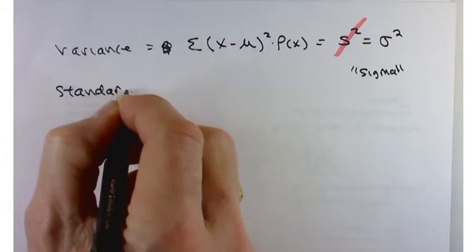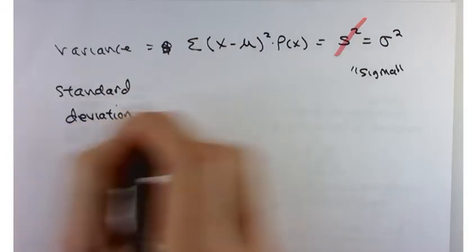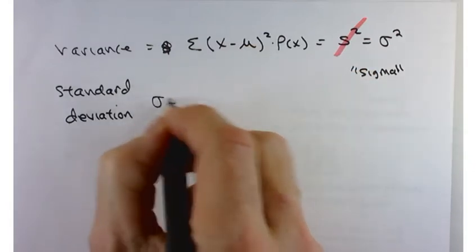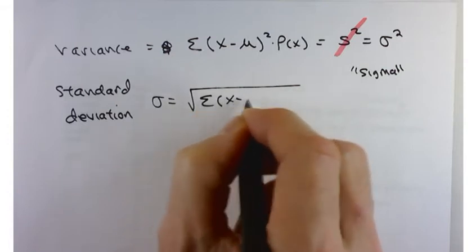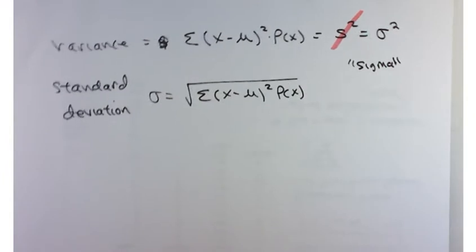Standard deviation is just going to be the square root of that. So standard deviation is sigma equals the square root of the sum of x minus mu squared times p of x.